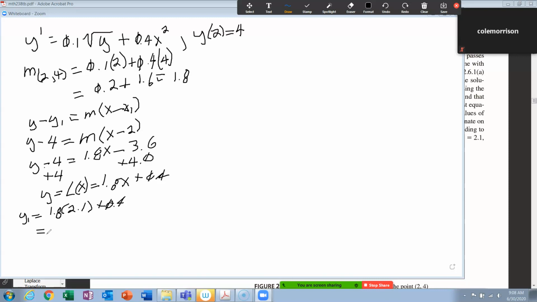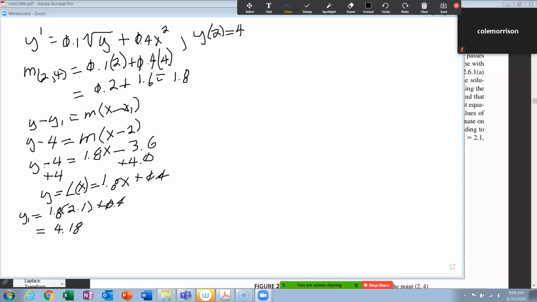Hopefully you know your calculators well. 1.8 times 2.1, the new value for x, plus 0.4, equals 4.18. And that's what they had in the text, 4.18. At 2, it was 4. At 2.1, just a little bit further, the approximation is 4.18.